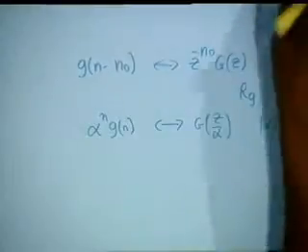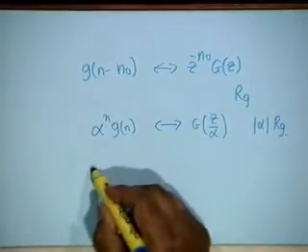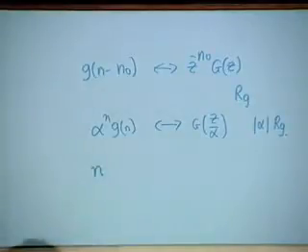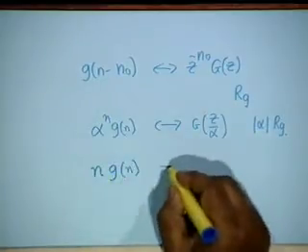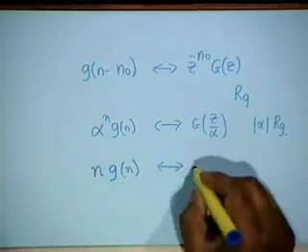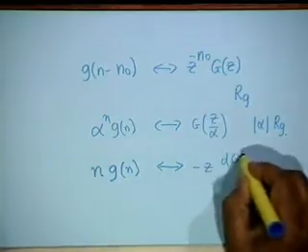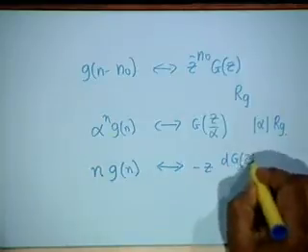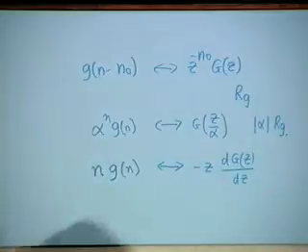The next property is that of differentiation. That is, if you multiply a sequence by n, then the corresponding Z transform is minus Z dG(Z)/dZ, not Z inverse.